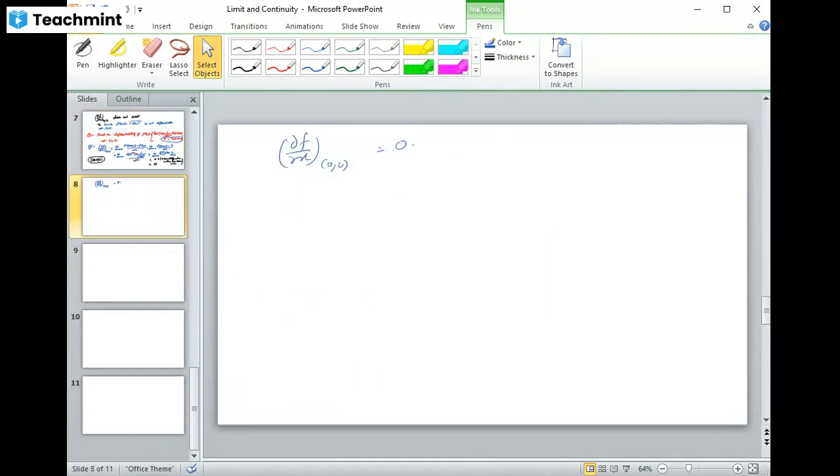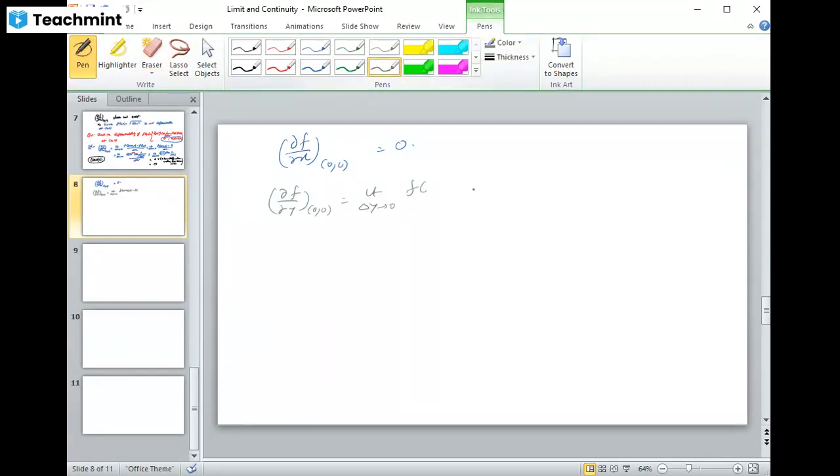Now similarly, we can find the partial derivative with respect to y also. So what is ∂f/∂y at the point (0, 0)? This is equal to limit delta y tends to 0, f(0, 0 plus delta y) minus f(0, 0) upon delta y, since delta y means that we are making a variation in the y coordinate, right?